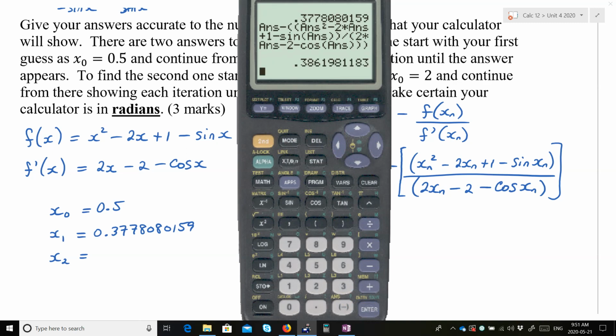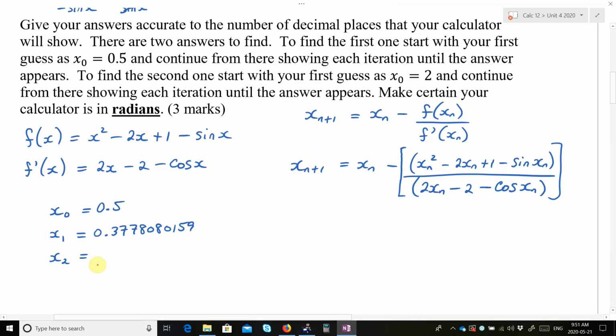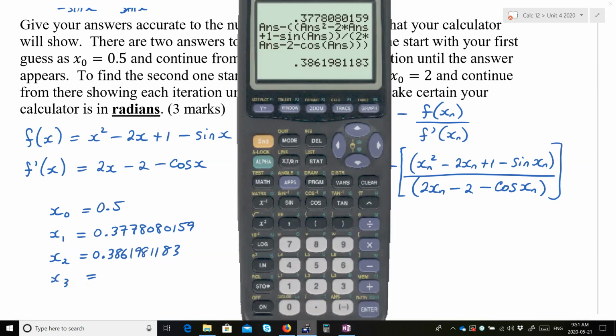Okay, and so then x2 is this. 0.3861981183. And let's make sure that's right.